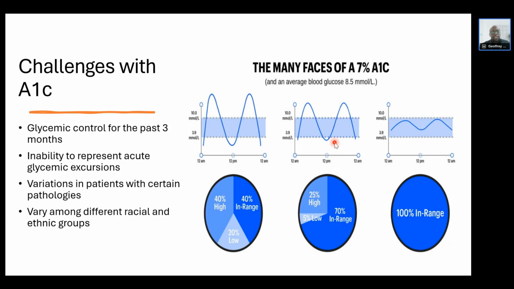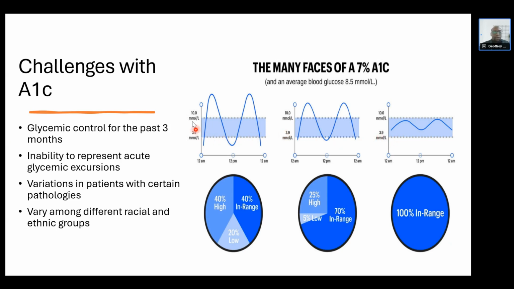Now, if you look at these 3 charts, each of these individuals actually has an estimated average blood glucose of around 8.5 millimoles per liter, which is the equivalent of a hemoglobin A1C of 7%. And what you can clearly note, whereas this last individual has never had a hypo or a hyperglycemic episode, his estimated average glucose remains 8.5.